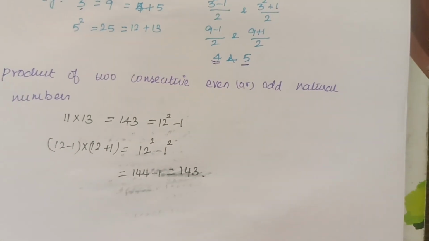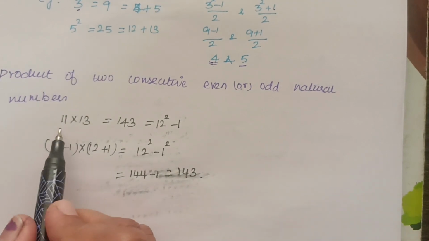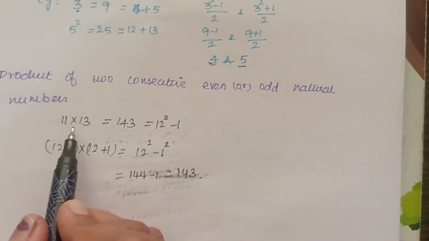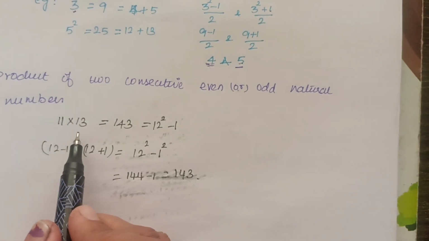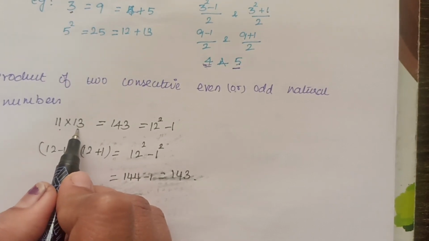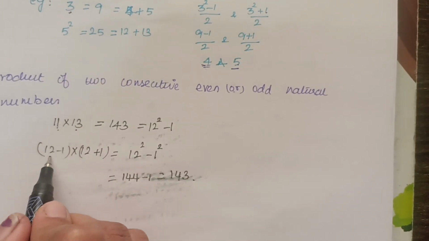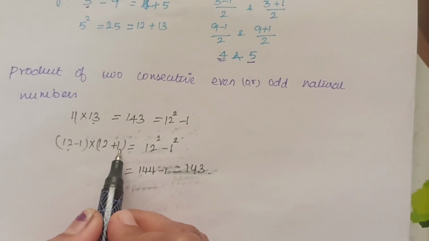Next, product of two consecutive even or odd numbers. Suppose here we have 11 and 13. These are two consecutive odd numbers. We can write 11 as 12 minus 1, and 13 as 12 plus 1.